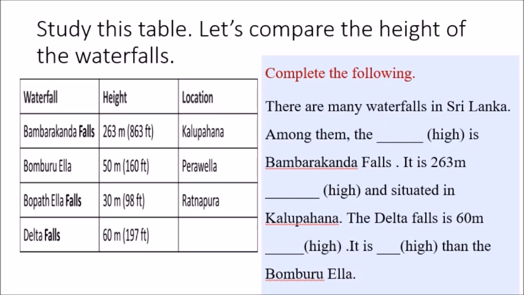Among them, the blank is Bambarakanda Falls. It is 263 meters blank and situated in Kalpahanu. The Delta Falls is 60 meters blank. It is blank than the Bomburu Ella.